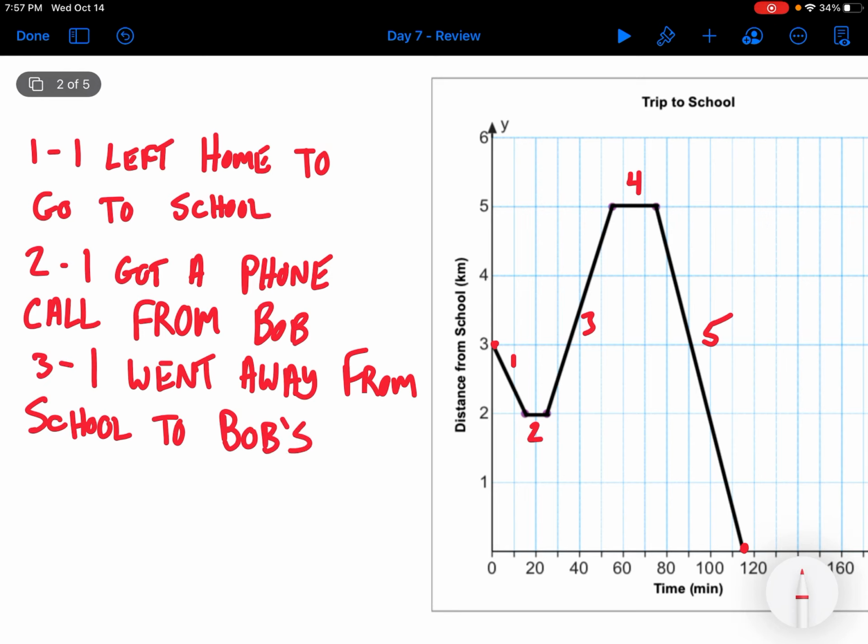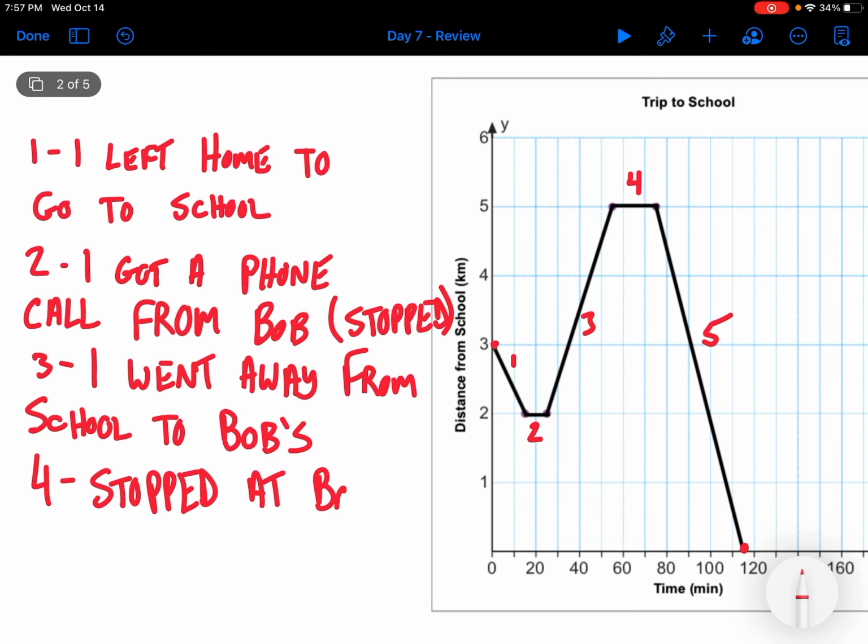In part 2, I need to put that I stopped, because I stopped right in part 2. Part 4, stopped at Bob's, because I've stopped again. I'm not moving in part 4.